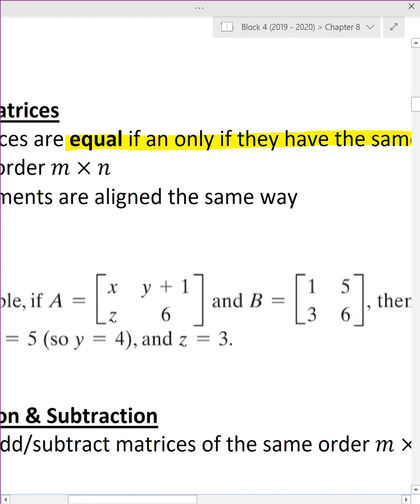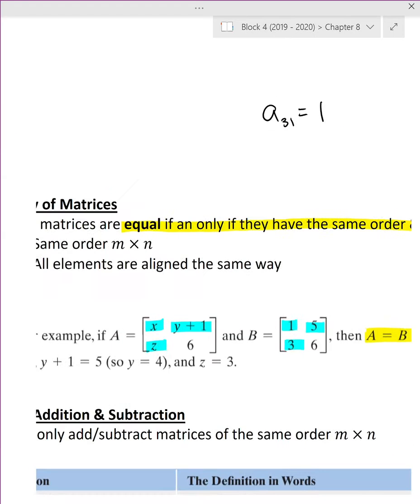Well, if I look at my matrix, X is going to have to be 1. Then Y plus 1 has to be 5, so that means Y's got to be 4. And then Z has to be 3. And then we know we're good because of 6 and 6, so that's totally fine.